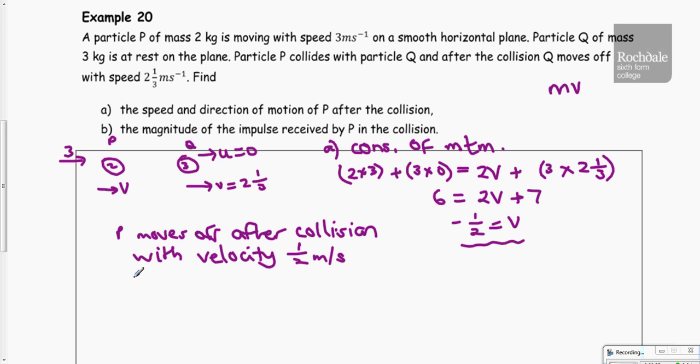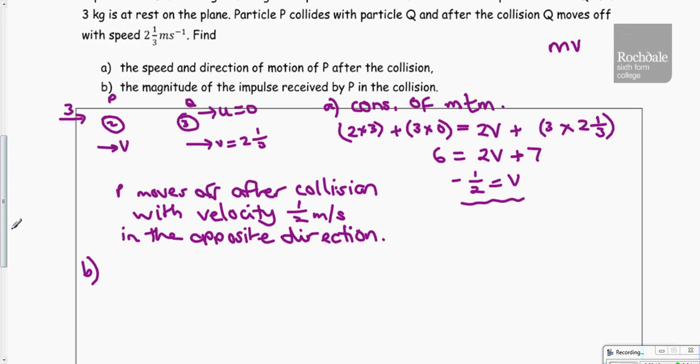And then we need to say in the opposite direction or in the reverse direction. So it was coming along from left to right. And now because we've got a negative velocity, that means it's going the opposite way. So it's going from right to left. So that's part A.